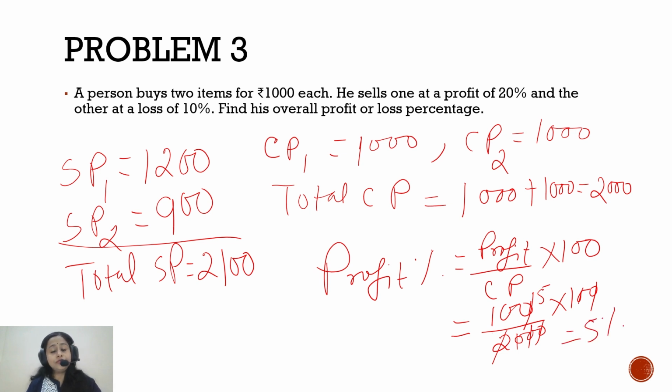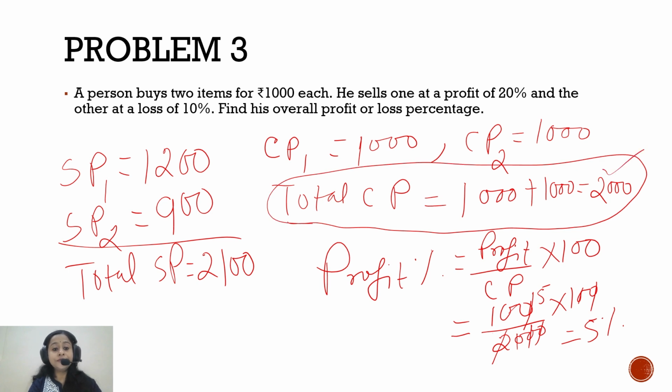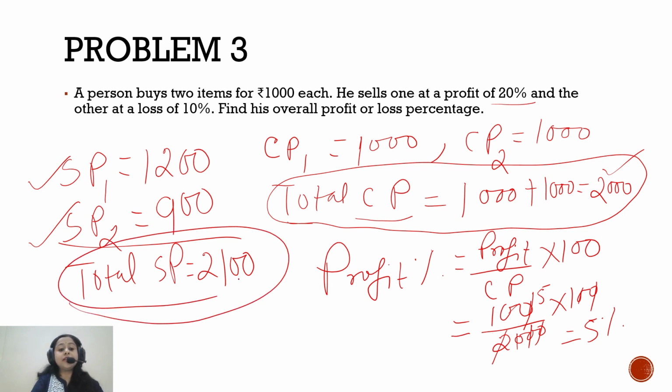So how to solve this problem step by step? First you have to find out the total cost price for both the products, which is 2000. Second step, given the cost price and given profit and loss percentage, is to find out the selling price for both the products. And in the third step you have to find out the total selling price for both the products, right?